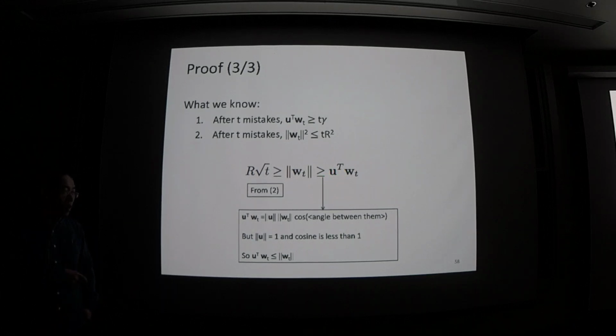And here we use the so-called Cauchy-Schwarz inequality. So how can we memorize the Cauchy-Schwarz inequality? From the geometry.